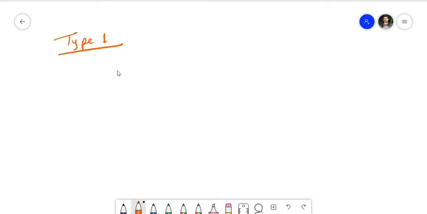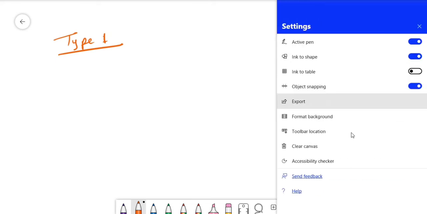For that, question number 1, or you can say example number 1, will be better.